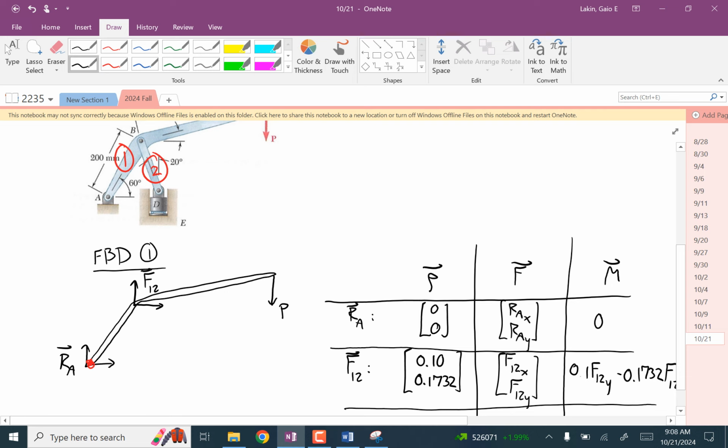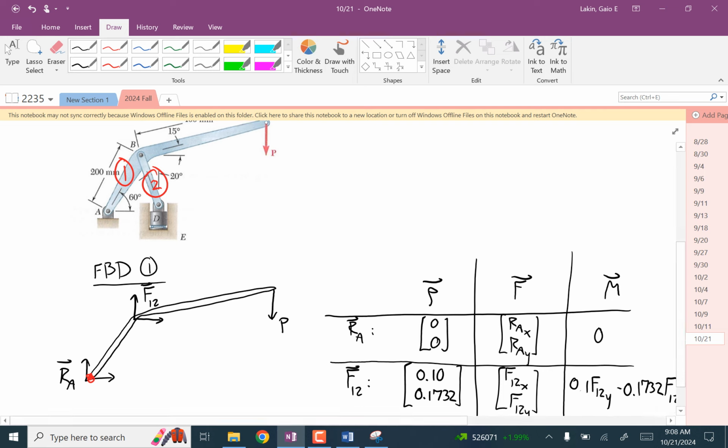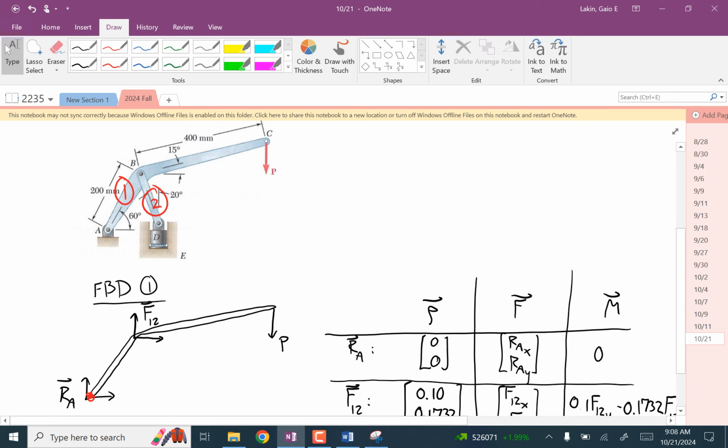Not quite that last bit. Since this is a rigid body, could you consider body 1 and body 2 the same structure? Yes, you totally can do that, but then you wouldn't be able to calculate that contact force between them from that. But yeah, you could do that to calculate that force at D. Yep.